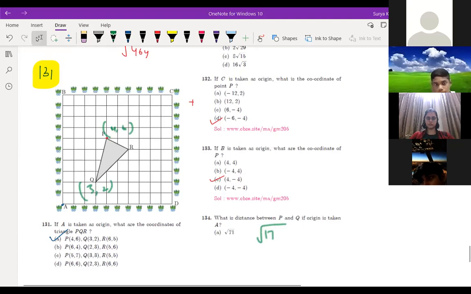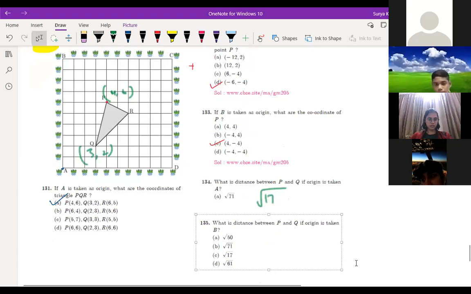So the next question is, what is the distance between P and Q if the origin is taken as B? See this question, question number 135. What is the distance between P and Q if the origin is taken as B?